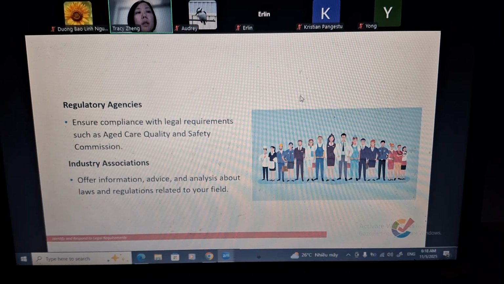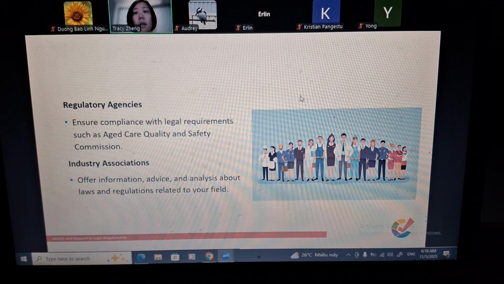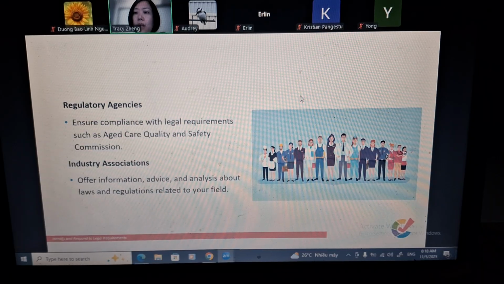Among the regulatory agencies, I can also recommend you check Fair Work, right? In case you want to know your minimum pay rate in different states, or what the requirements are for a particular role, you can definitely go to the Fair Work website to check.